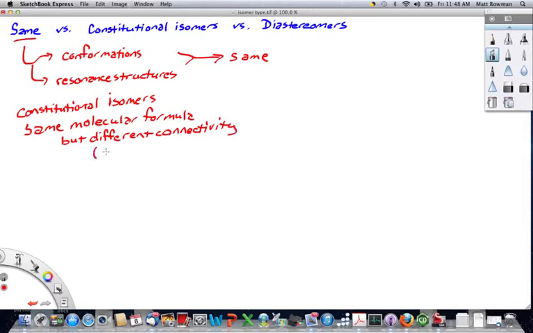Another way to think about it is the sigma bonds, the sigma system, is different. Example, this molecule here, diethyl ether.